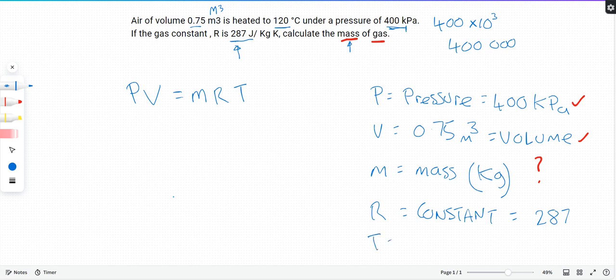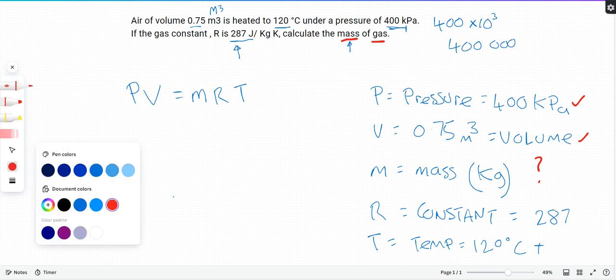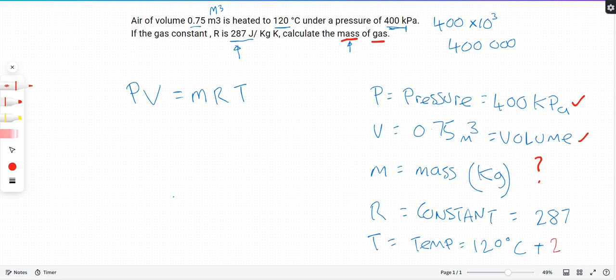And T is temperature, which is 120. Don't forget, we can't use degrees C. You've got to convert it into Kelvin. You should remember, you've got to add 273 to it because we've got to be in absolute.